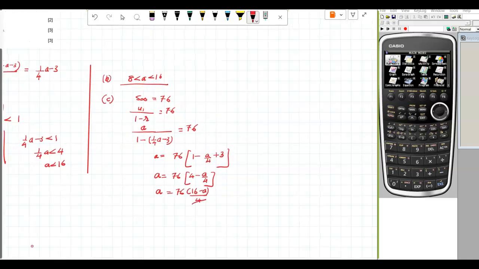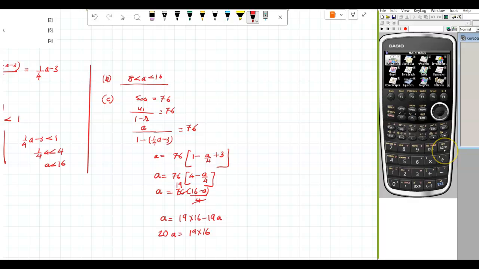Then this is 4 1s are 4, 9s are 36, correct? So A is equal to 19 into 16 minus 19A. So 20A is equal to 19 into 16. Yeah, you can put in solver also, but this is also fine.